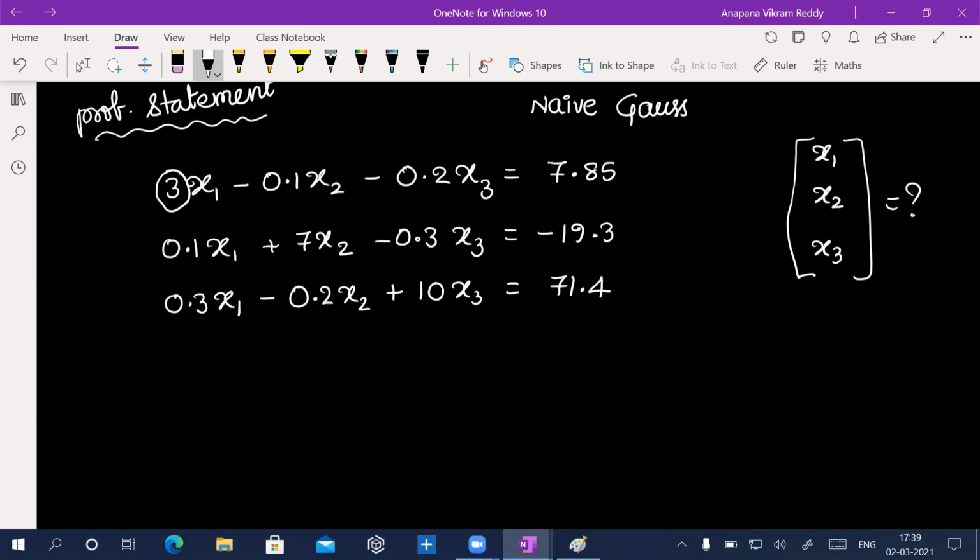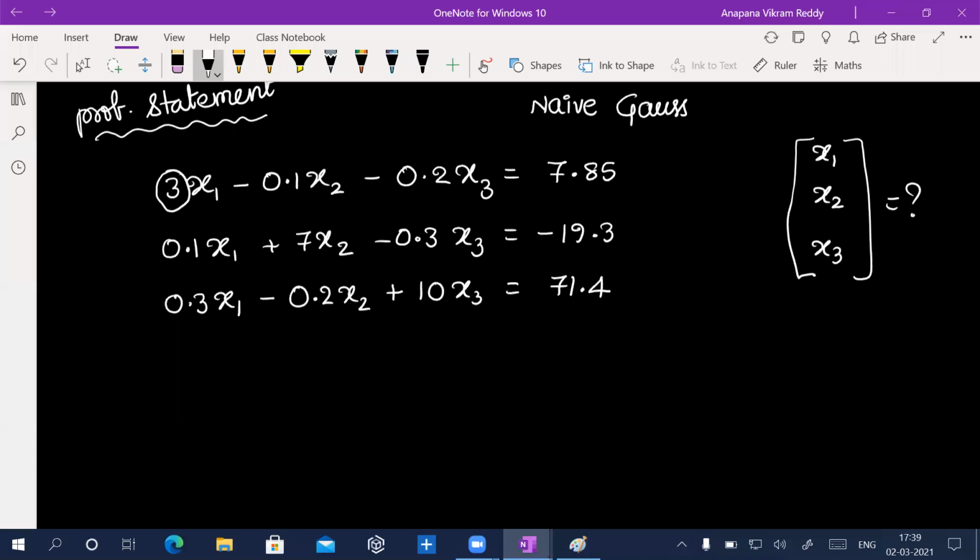Now what if the very first element is 0? Because every time what are we doing here? We are doing a21 by a11 multiplied by, a31 by a11 multiplied by, yes or no? Now in that a21 by a11, if a11 is 0, then what? It's completely gone, right?